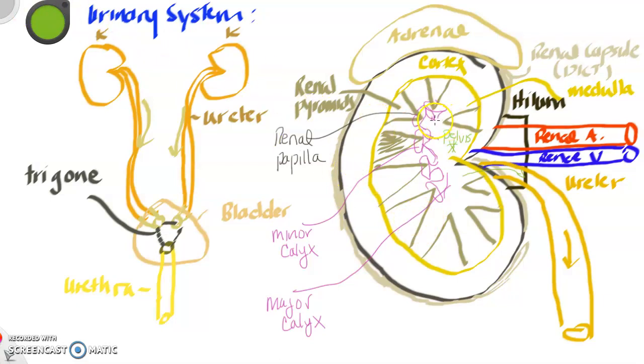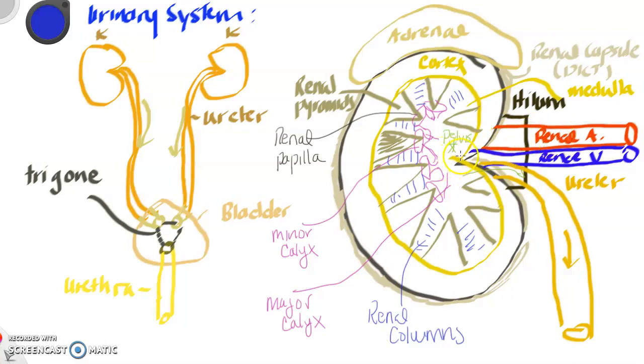Now, of course, the whole kidney is full of blood vessels. And there are blood vessels that run between these little pizza slices, these little pyramids. And these little areas are called columns. So the renal columns. So blood comes into the kidney through the hilum, through the renal artery.